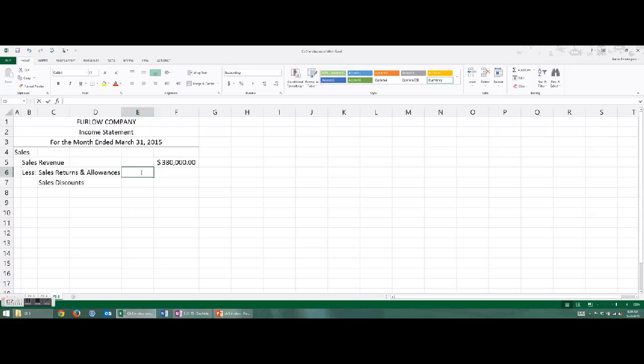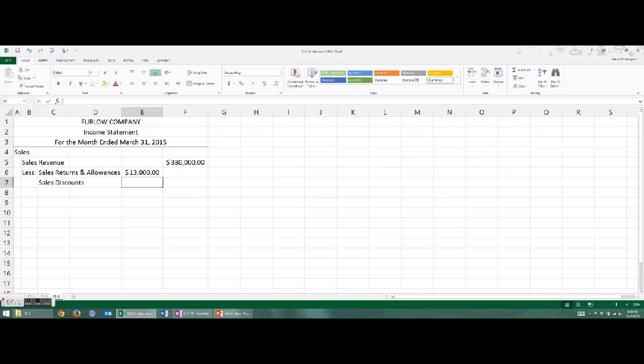We've got returns and allowances of $13,000 and discounts of $8,000, giving us net sales as the difference between the two: $359,000.